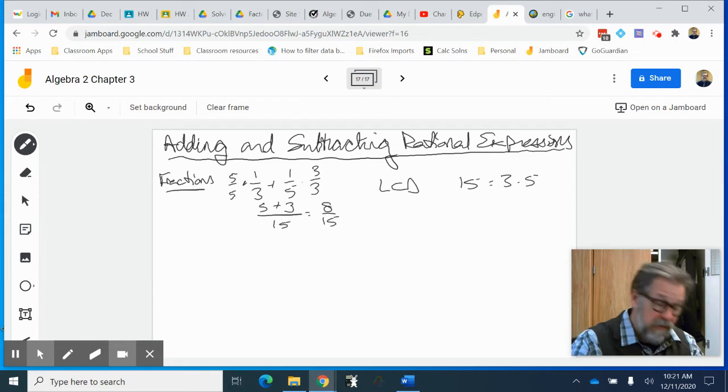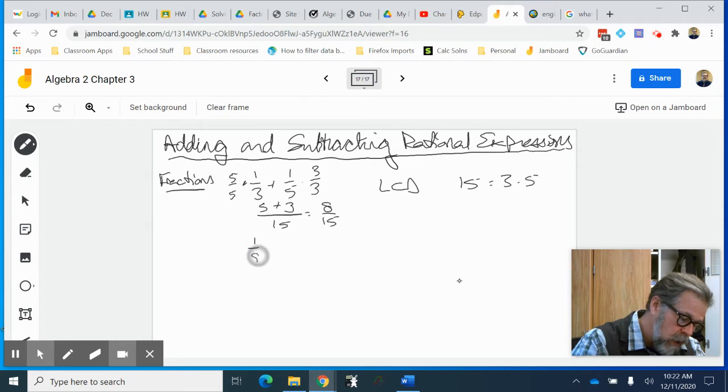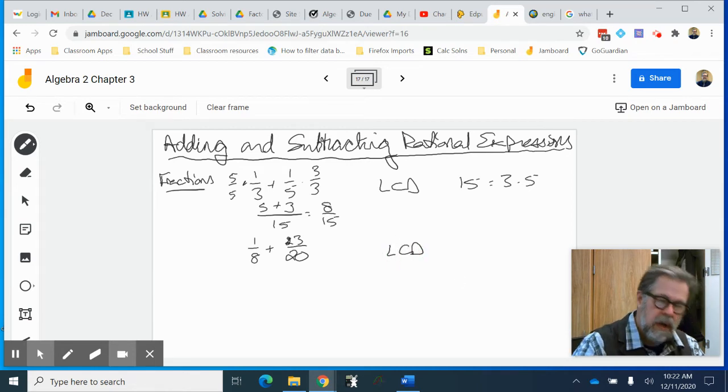Let's say, however, I got something more complicated, and this is going to get pretty crucial when we're talking about rational expressions. What if I had 1/8 plus 3/20? So my least common denominator comes out of some factoring. 8 is 2 times 4. 20 is 5 times 4.